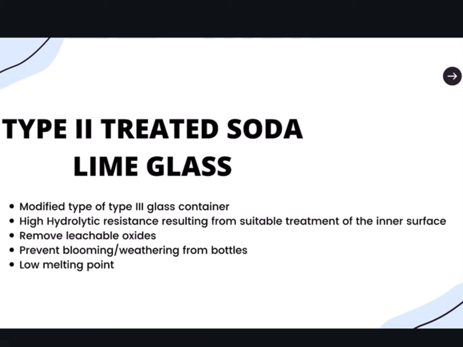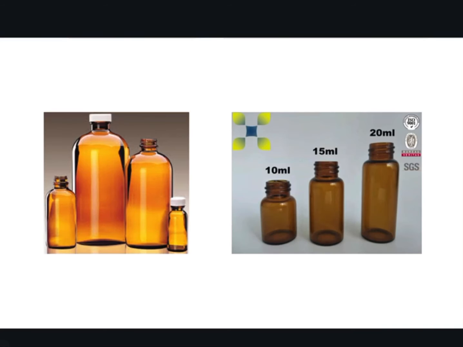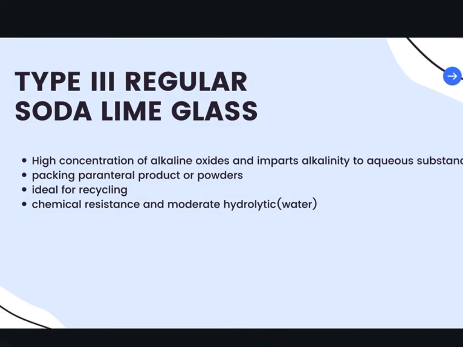Then removable leachable oxide. It prevents blooming or weathering from bottles. It has lower melting point from type 1 borosilicate glass. So this is some example of type 2 glass. It has brownish color.